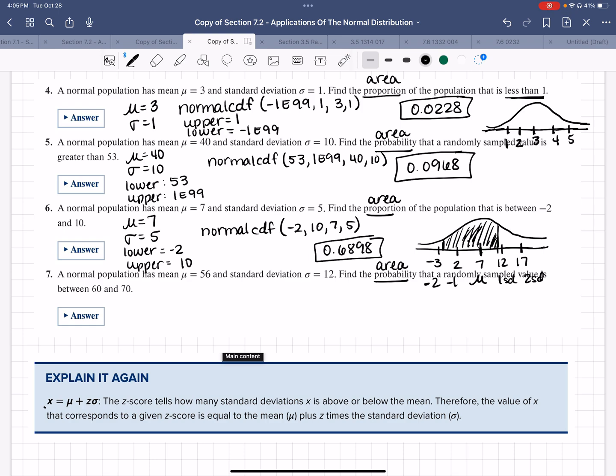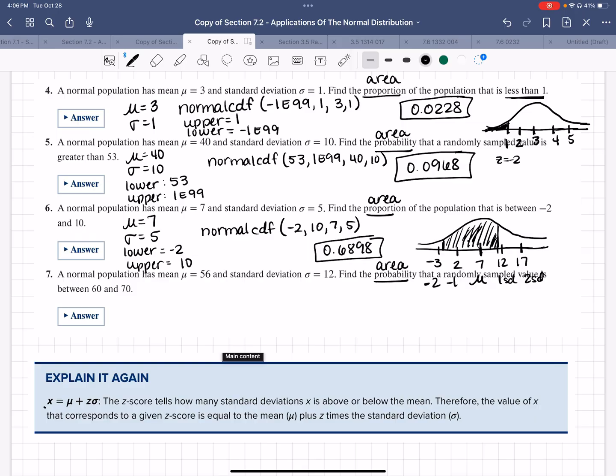So I'm looking for this right here. It's not a z-score of 1, it's the value 1. And 1 actually sits at z equals -2 because it's 2 standard deviations below the mean.